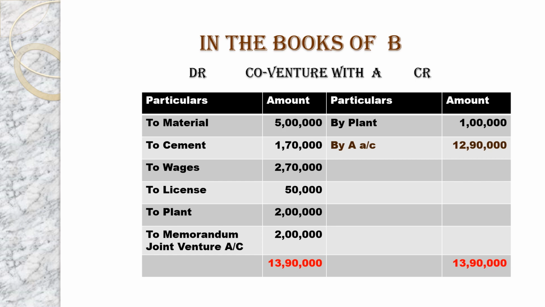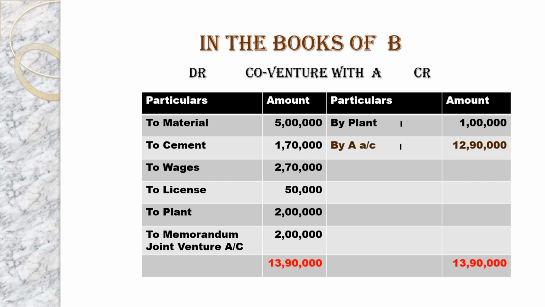Now in the books of B, we record only B's transaction. Buy plant 1 lakh. What is this buy plant 1 lakh? B took over the plant at the end of the contract. Next, B receives an amount of 12,90,000 from A. Next, debit side to material, to cement, to wages, to plant, to license.